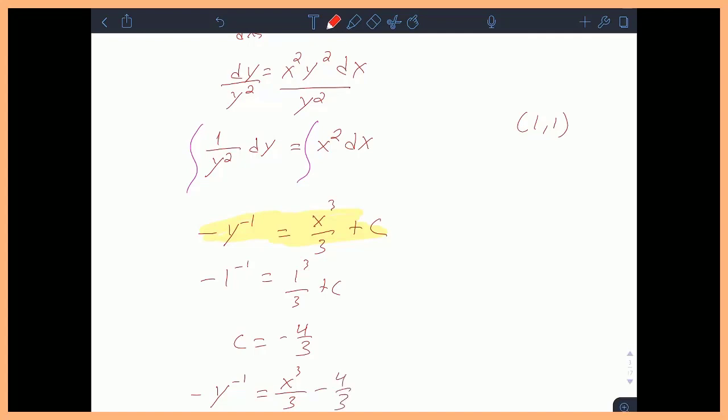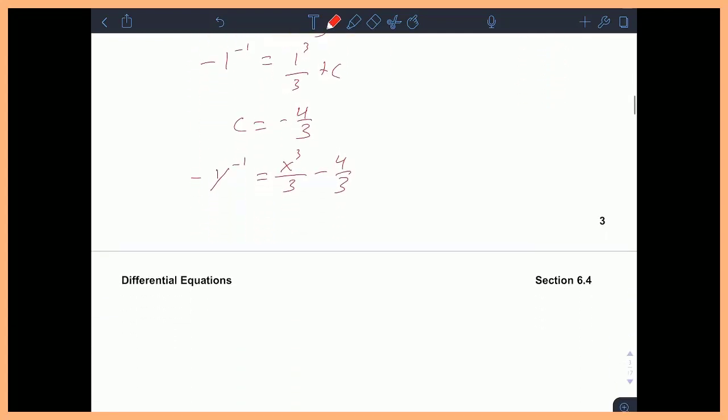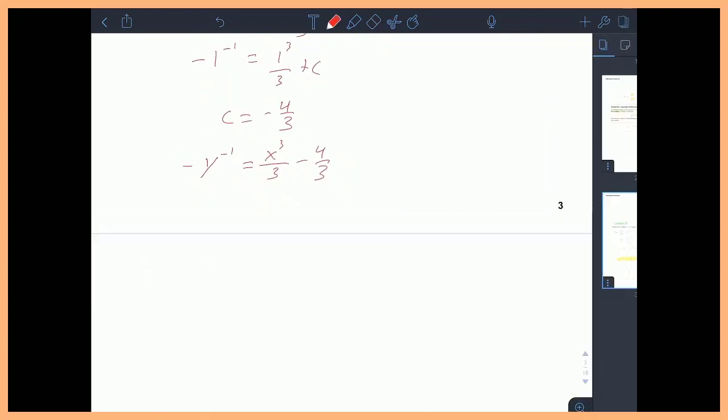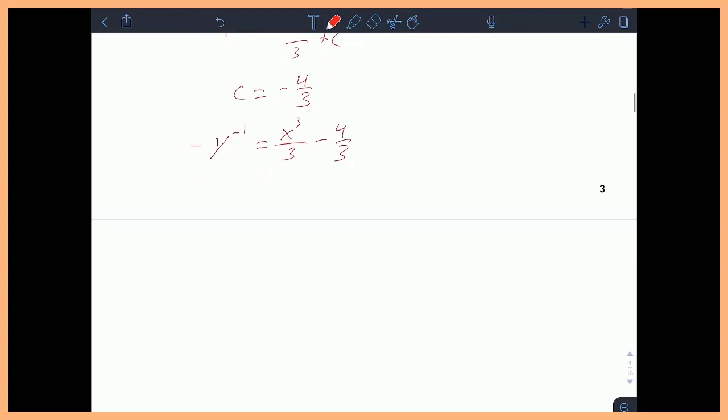All right, and now I'm going to isolate y. So let's see if I can add a page here to do that. So if I need to isolate y, that means I should probably take these right terms and put them over the same denominator. So it would actually be negative y to the negative 1 equals x cubed minus 4 all over 3.